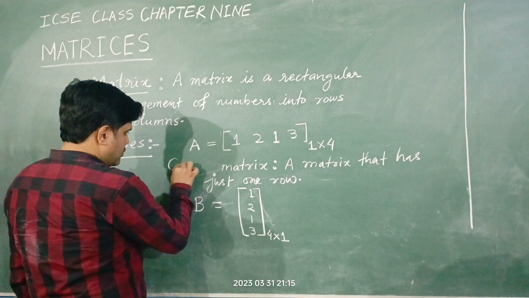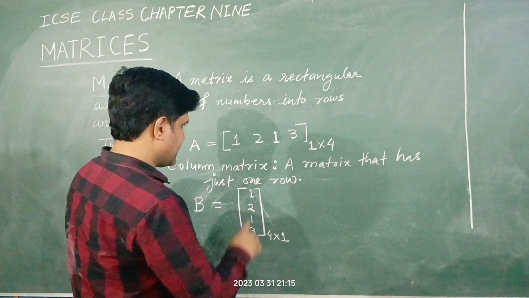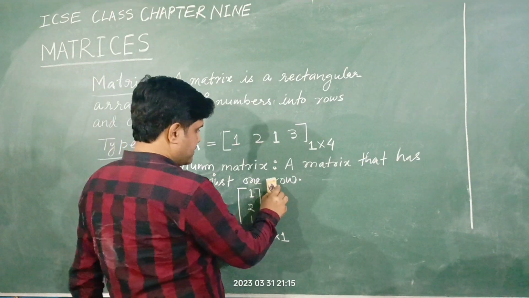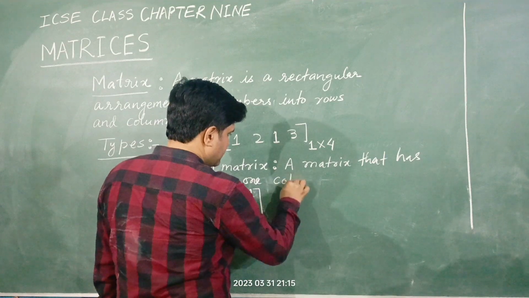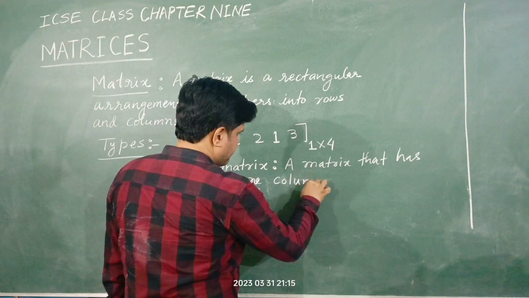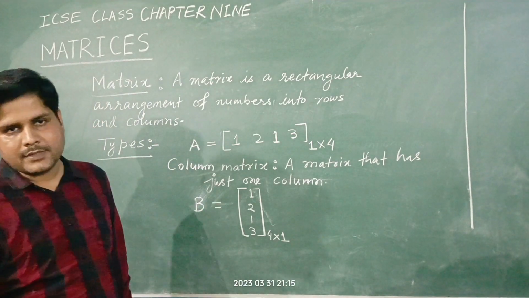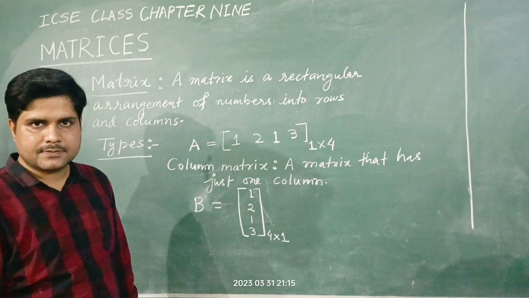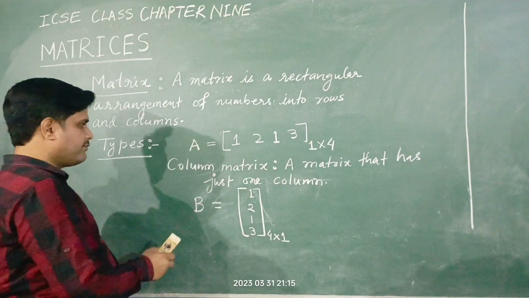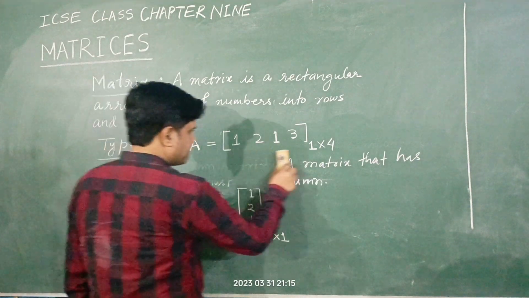So what is a column matrix? A matrix that has just one column is called a column matrix or a vertical matrix. Another type of matrix that you have to do is this.